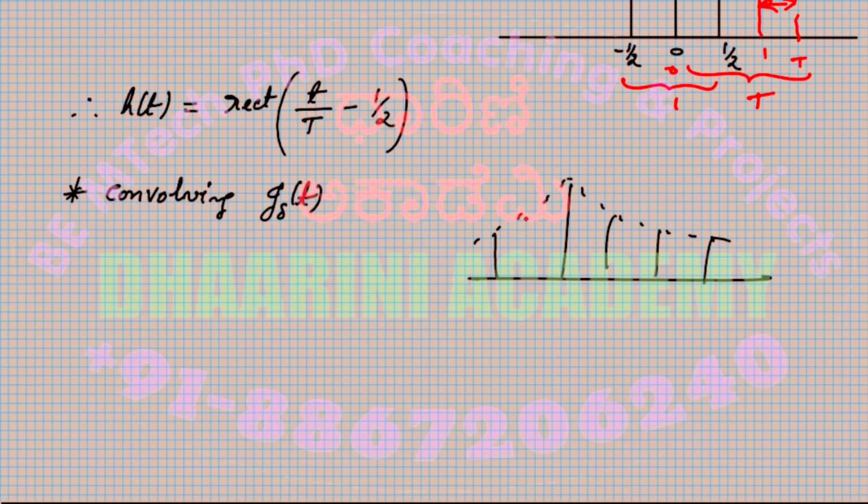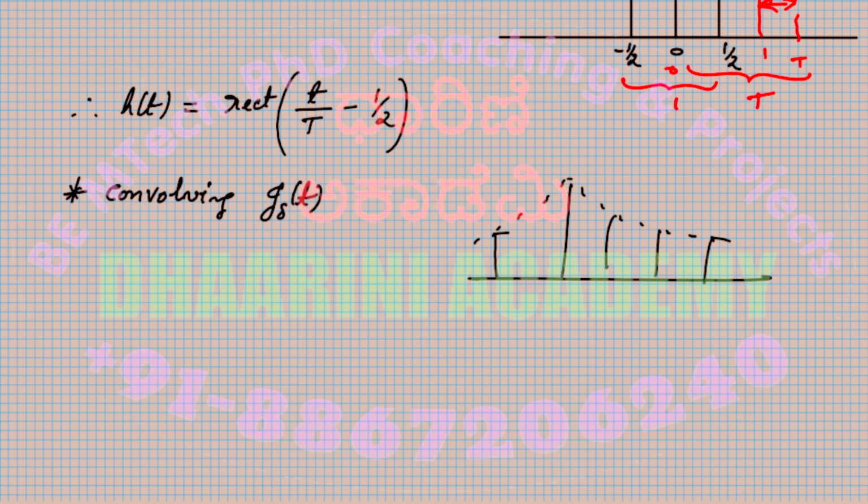The original signal was this dotted line. I sampled ideally and I got this. Now in order to get the flat top sample, extending something like this, you are convolving the rectangular function with the results. That's the representation.